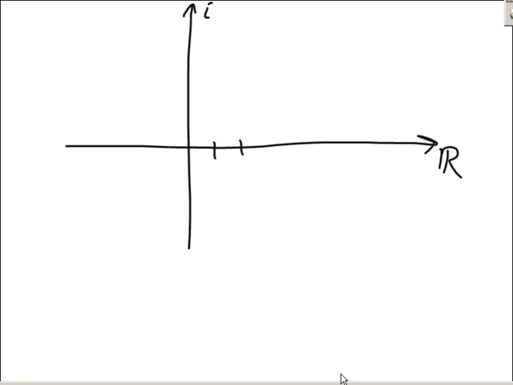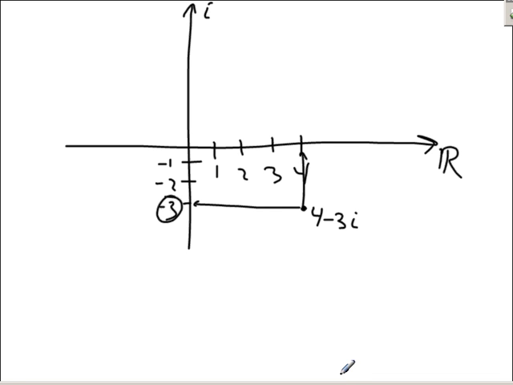For example, this point right here would be 4 minus 3i, because the real part is 4, and the imaginary part is negative 3.